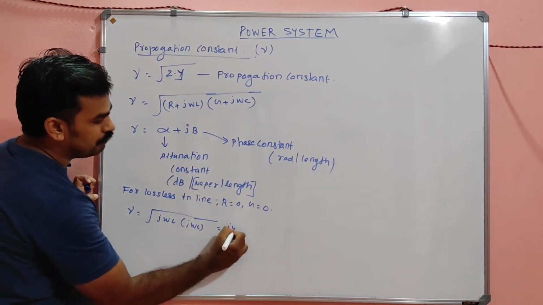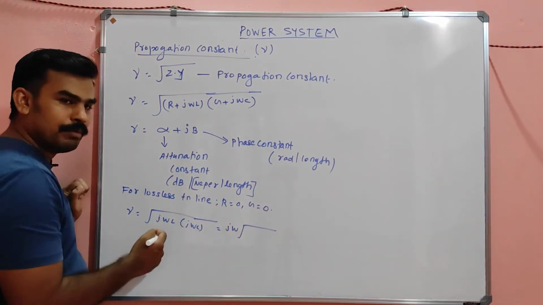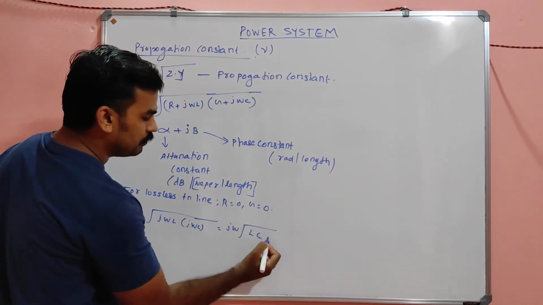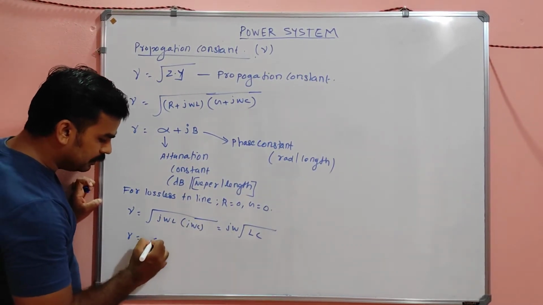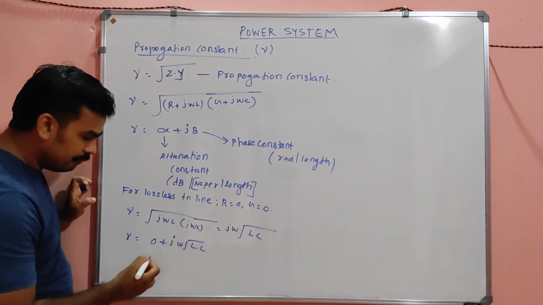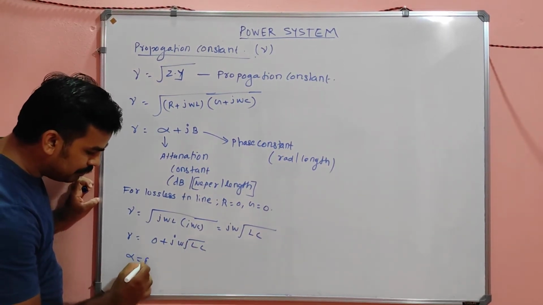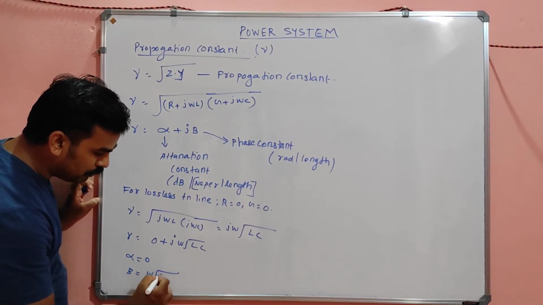Taking j omega common, j squared omega squared, it is simply root of LC. So gamma is equal to 0 plus j omega root LC, which means alpha is equal to 0 and beta is omega root of LC.